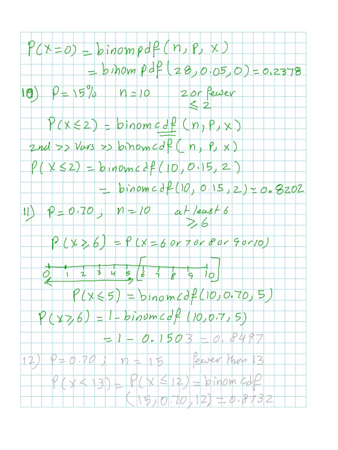And whatever answer I get, I can do 1 minus to find the probability of X greater than or equal to 6. Because the sum of probabilities is 1, probability of X greater than or equal to 6 equals 1 minus binomial CDF 10, 0.7, and then 5.